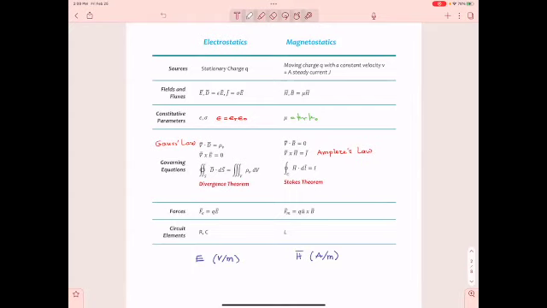Okay, so in the case of a steady current, like a charge with constant velocity in magnitude, we create a magnetostatic field. And then we have a magnetic flux, which is also the scalar mu times the magnetic field.